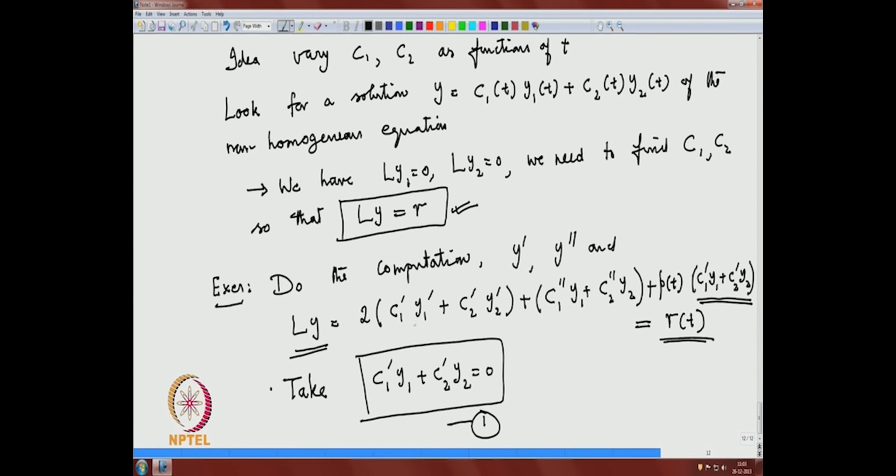Now, look at these expressions. There are 2 terms here, 1 term here.